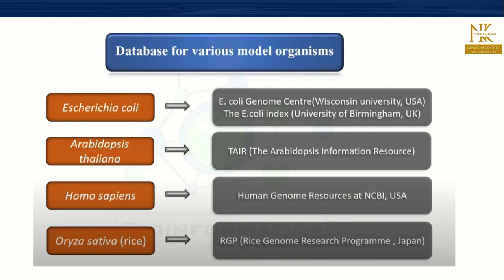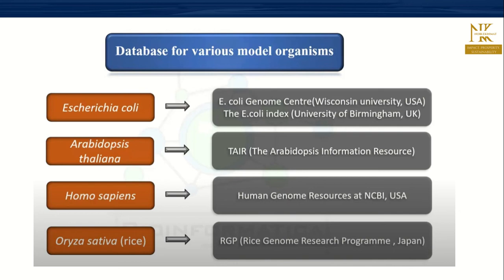coli. So if you want to find out anything about E. coli, you can easily go to the E. coli Genome Center that is hosted by the University of Wisconsin, and also the E. coli Index by the University of Birmingham in the United Kingdom. For Arabidopsis thaliana, you can search the database for that.